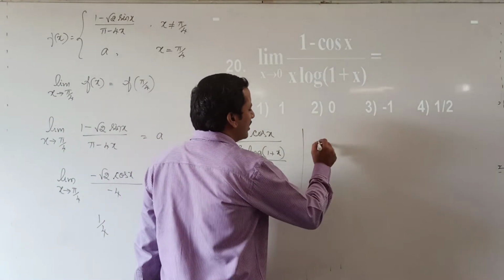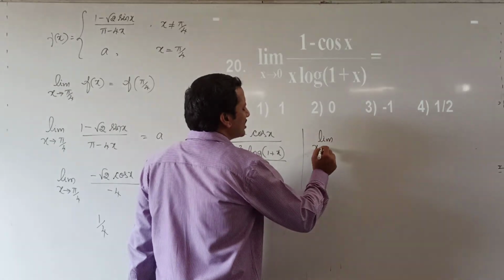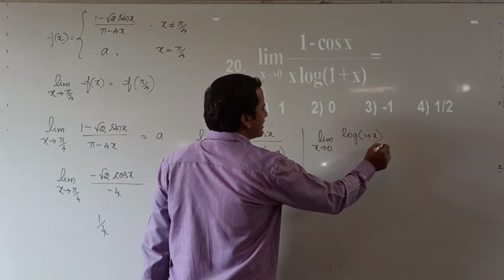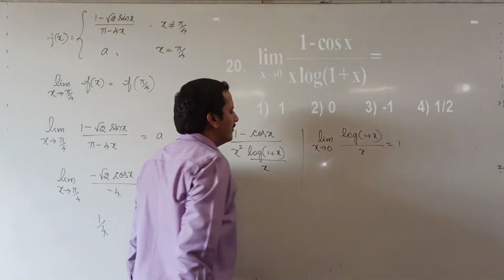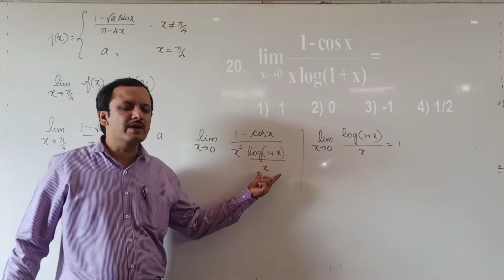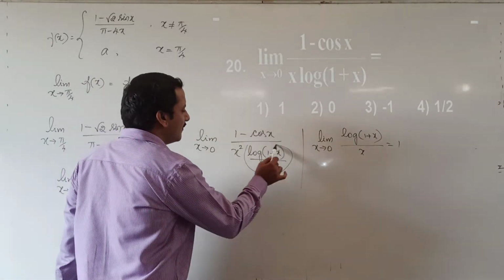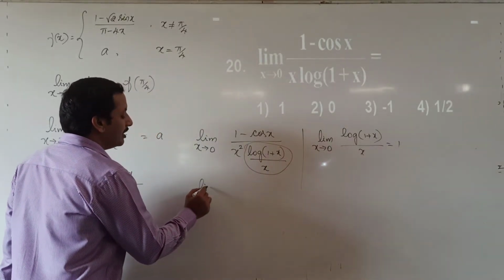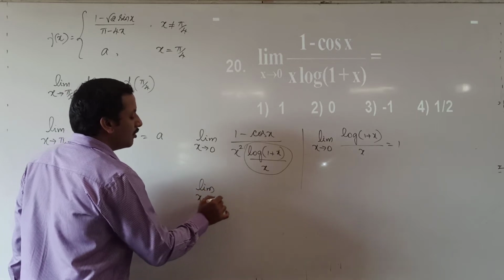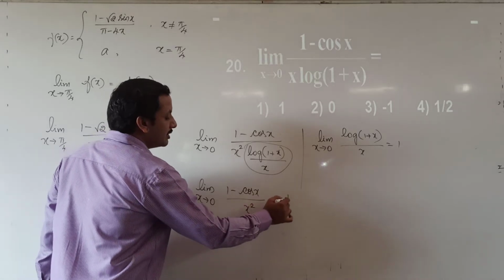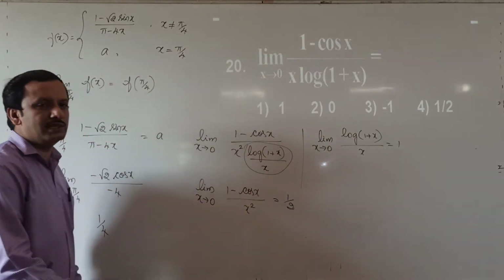Because I know one formula which says that limit x tends to 0 log 1 plus x divided by x is equal to 1. And I have log 1 plus x here, so I wanted x in the denominator. So as x approaches 0, this will become 1. Then we are left with the limit x tends to 0, 1 minus cos x by x square, whose value is equal to 1 by 2, standard result.